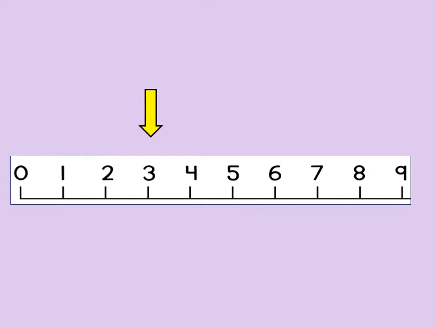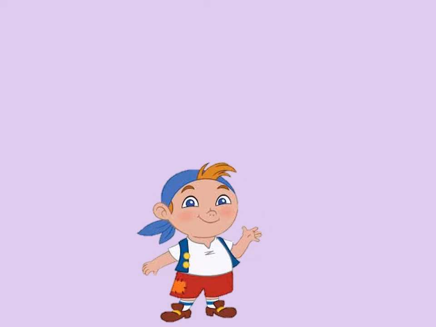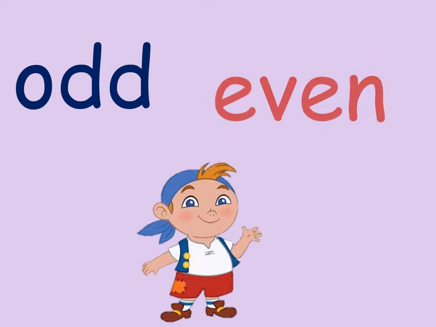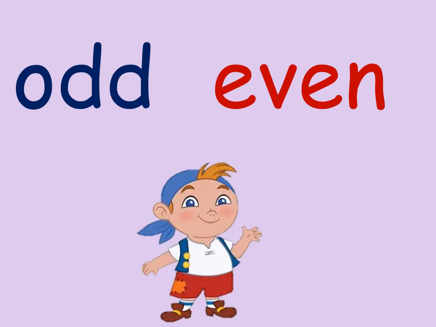Normally we count like this: 4, 5, 6, 7, 8, 9. That's how you count on a number line. But for finding our even numbers, we have to skip count. There are odd numbers and even numbers, and we're only going to talk about the even numbers today.